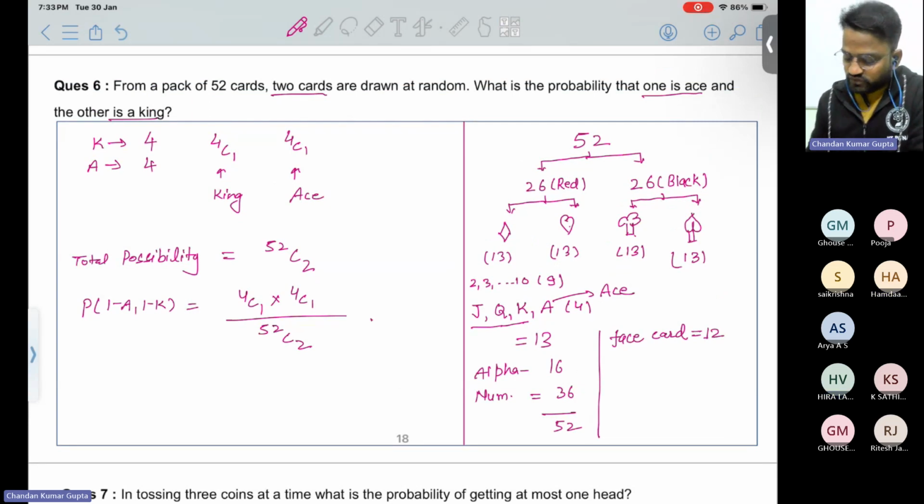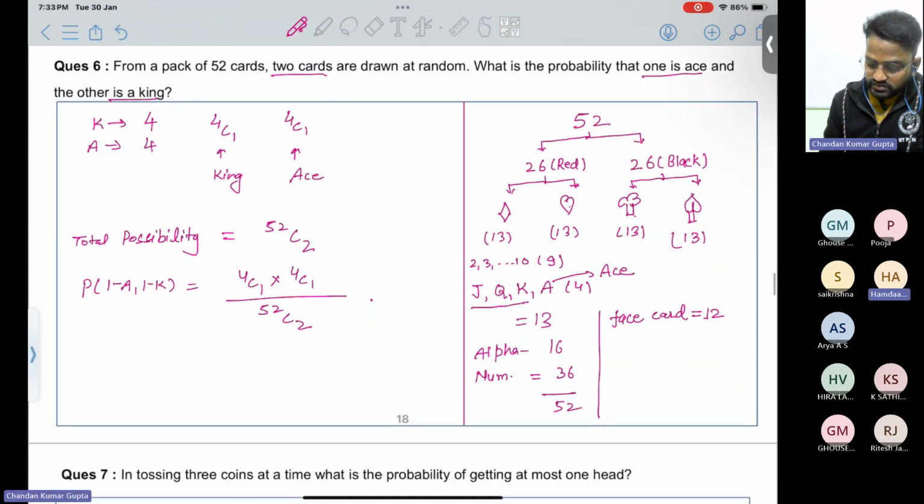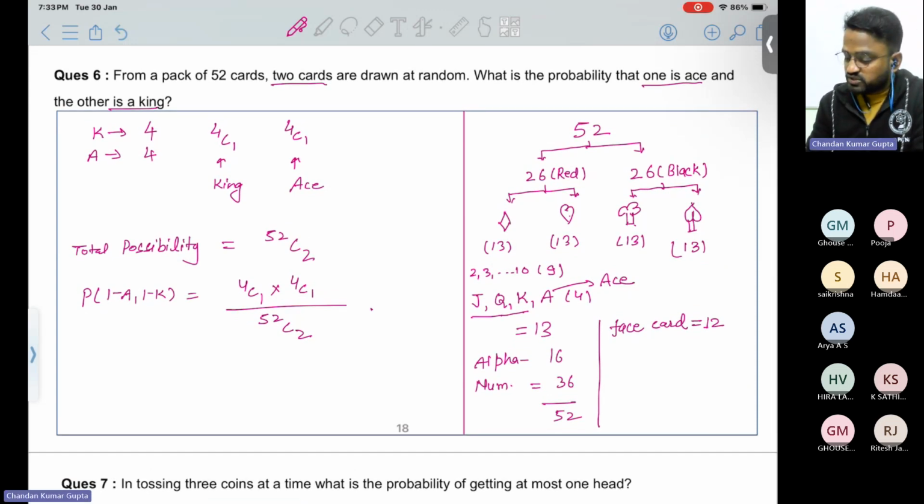A rapid question: suppose we draw a random card from a deck of cards. What is the probability that it is a spade? It's 13 upon 52. Exactly, 1 by 4. What is the probability that it is a queen? 4 by 52, which is 1 by 13.